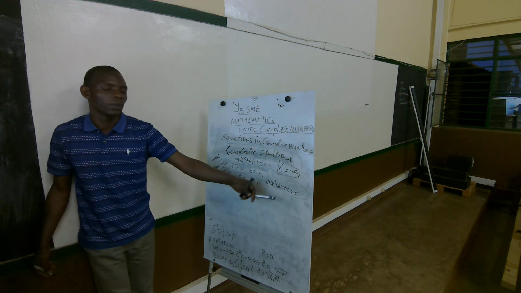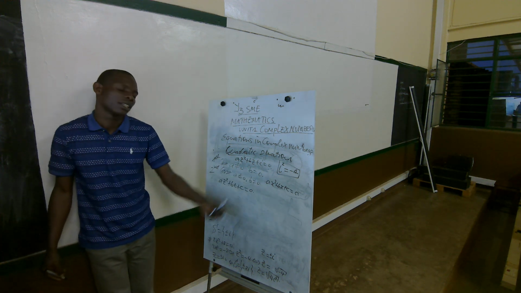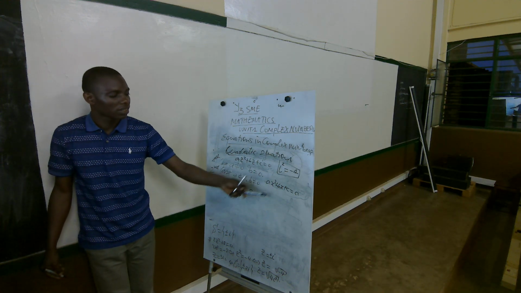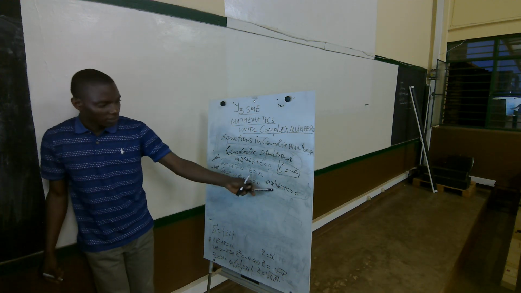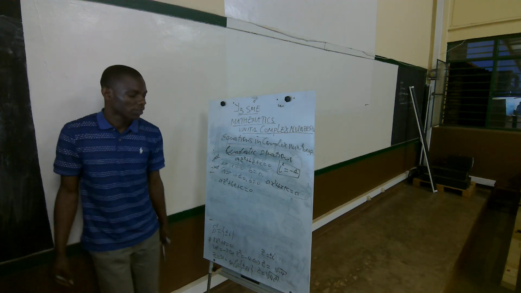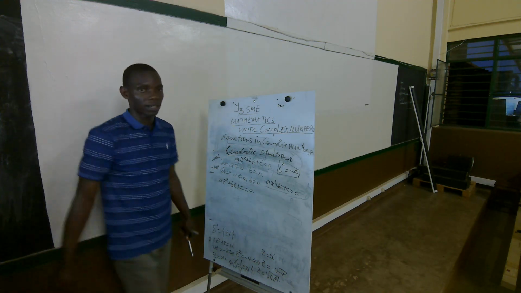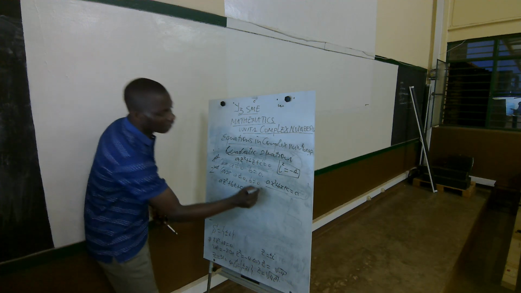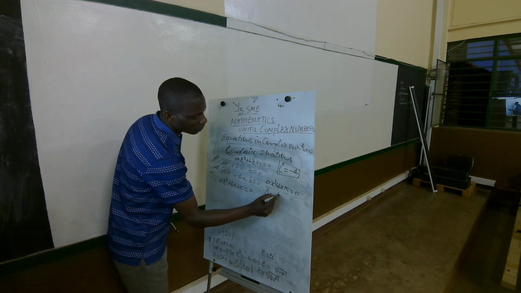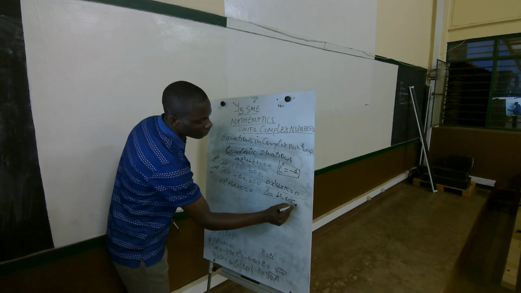We use different ways. You can use completing the square, synthetic division, factorization; you can use different methods so that you can solve this one. You can even use the quadratic formula. As we know, the quadratic formula uses the determinant, b squared minus 4ac.